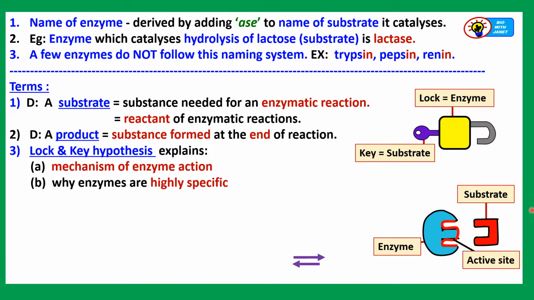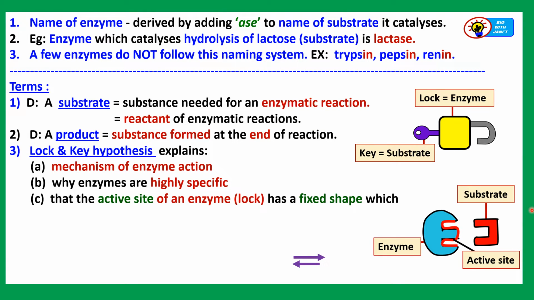Secondly, it explains why enzymes are highly specific, in that the active site of an enzyme, which is the lock, has a fixed shape which matches exactly the shape of a specific substrate. That's called the key. For example, in this diagram, we see that the enzyme is represented by this shape, and it has an active site here, which is like a depression inside the enzyme molecule.